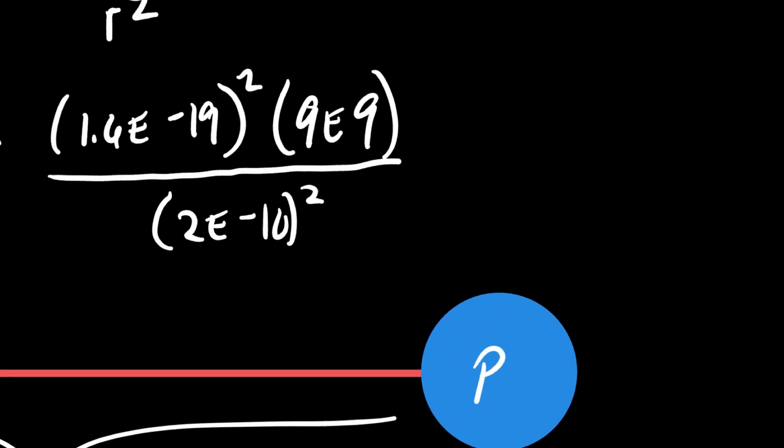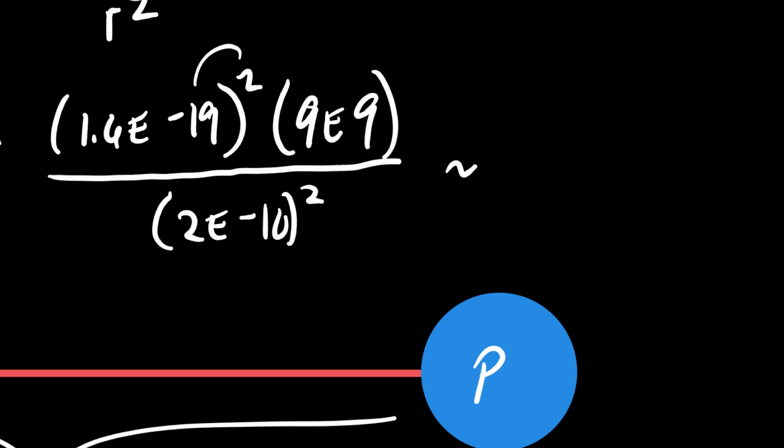I've got 1.6 times 10 to the negative 19th squared. I've got 9 times 10 to the 9th, which is pretty close to 1 times 10 to the 10th, right? In the denominator, I've got 2 times 10 to the negative 10th squared. If you want a quick estimate about the size of your answer, start by just looking at the exponents.